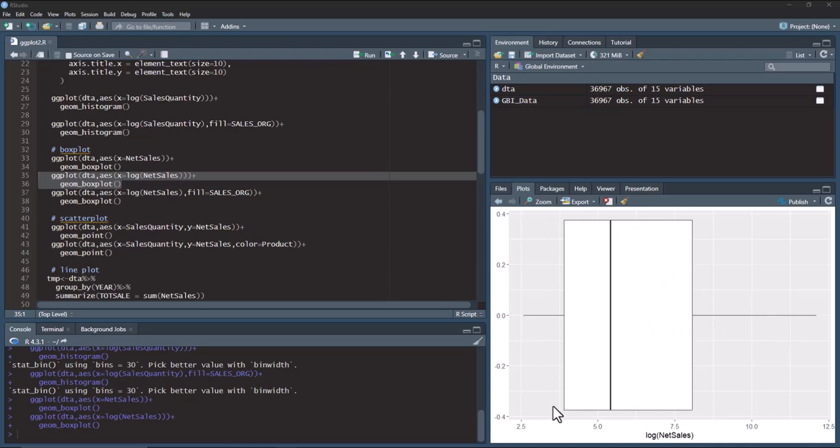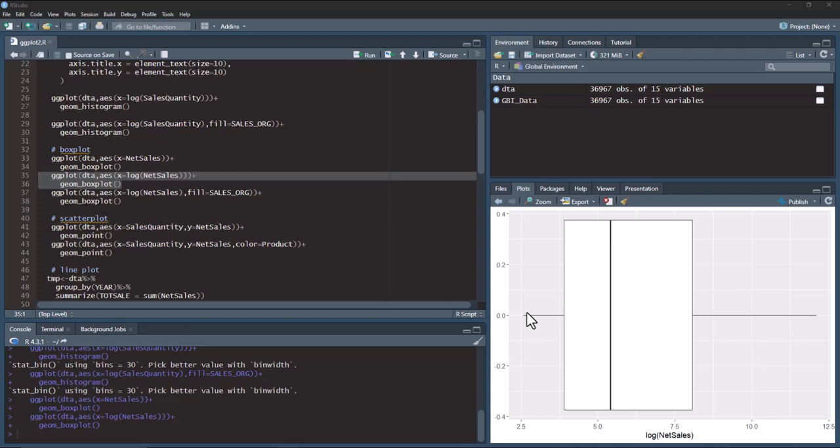So what we see here in the box, this is from the first quartile to the third quartile, so this is the 25th percentile to the 75th percentile, and the line in the middle is the median. The fact that the median doesn't seem to be in the middle is because there are larger values that sort of push these parts out a little further, and we have a bunch of them that are really far out here.